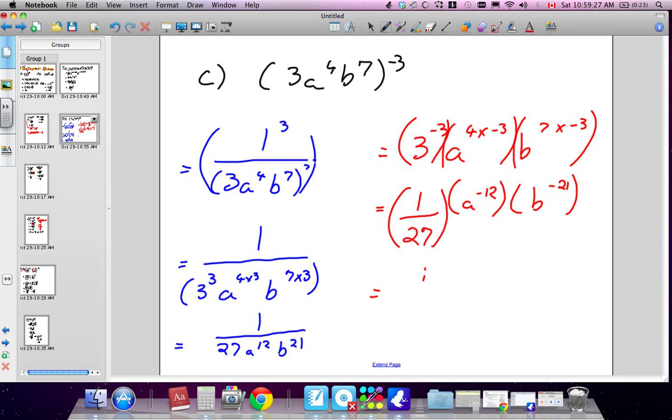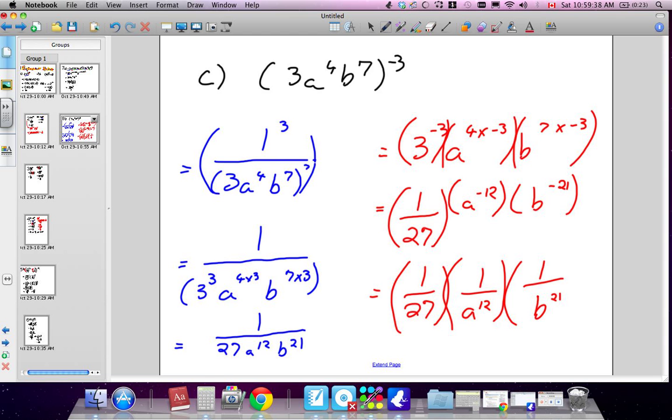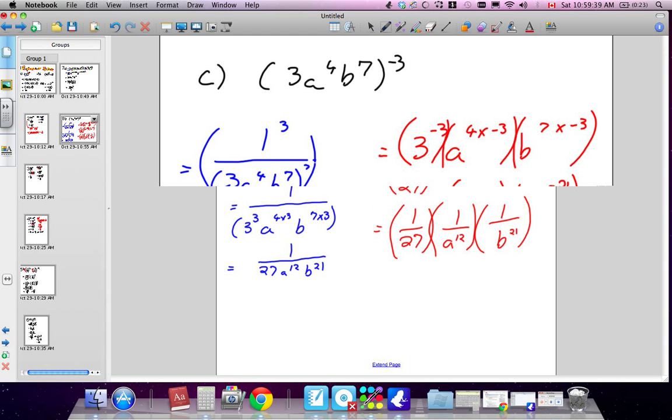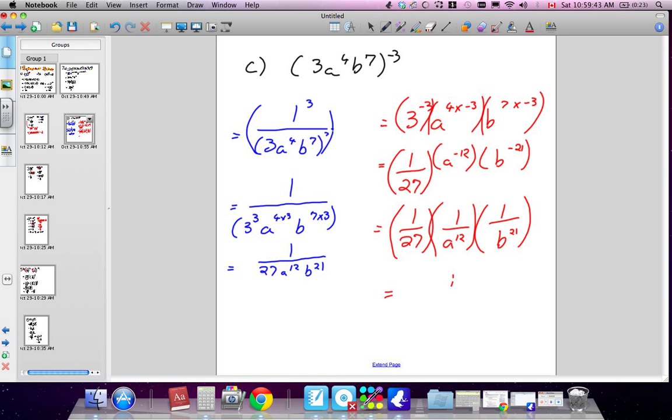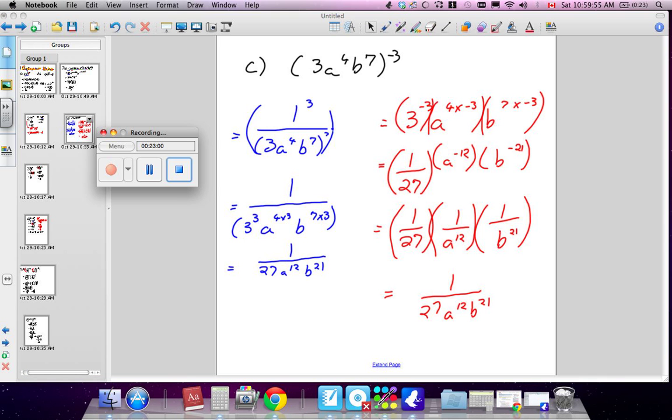I want to make both of those positive. Right? So I get 1 over a 12. And 1 over b to the 21. And when I multiply these through, what's 1 by 1 by 1? 1. And when I multiply these, I just get 27, a to the power of 12, b to the 21. Make sense? Okay, we'll finish here.